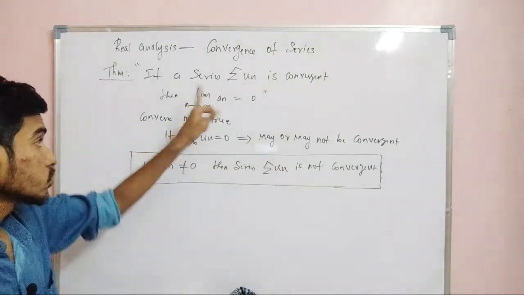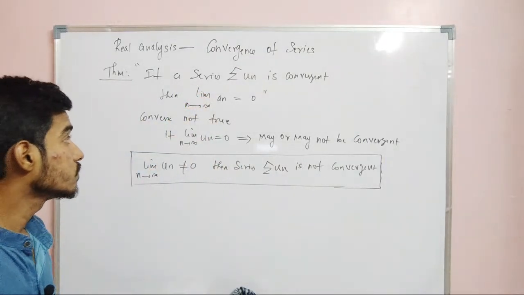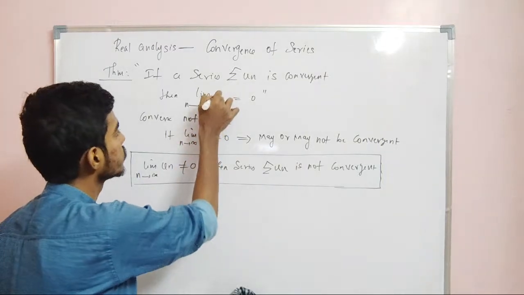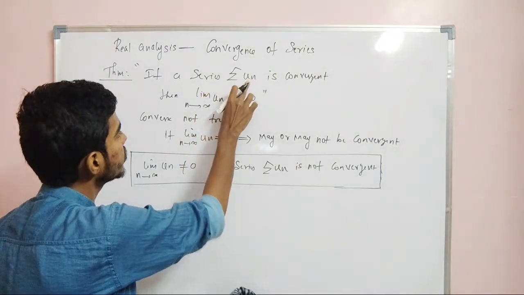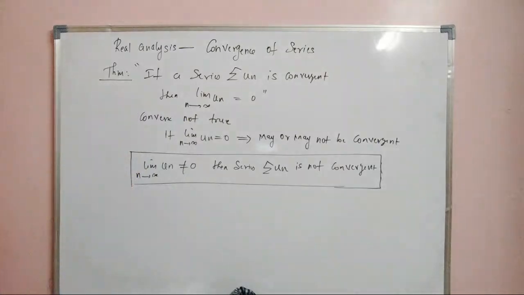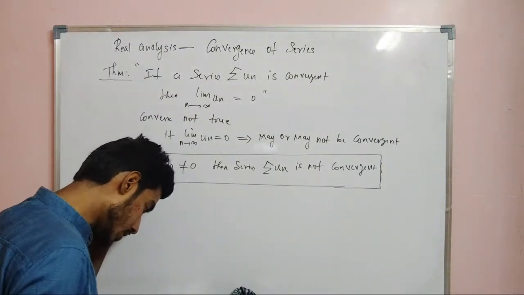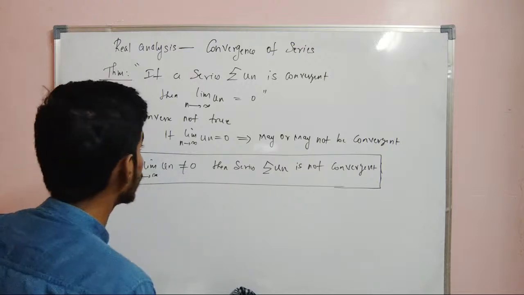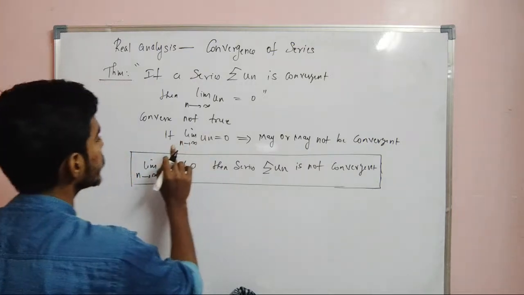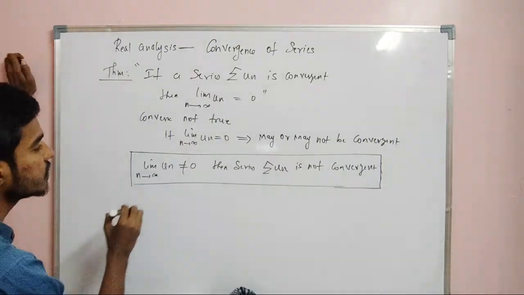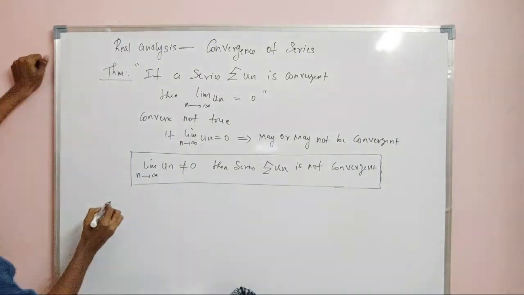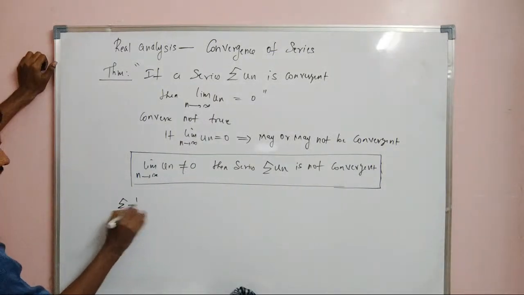So if the series summation un is convergent, then the limit as n tends to infinity of un is equal to 0, right? The converse is not true. For the converse, you can just take a series. Let us take the series summation 1 by n, right?